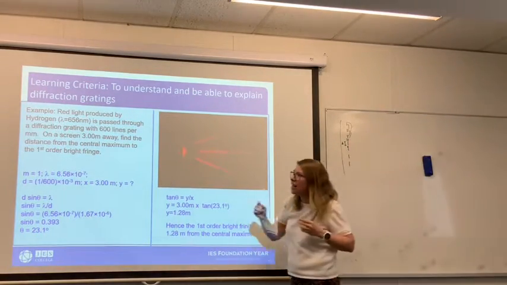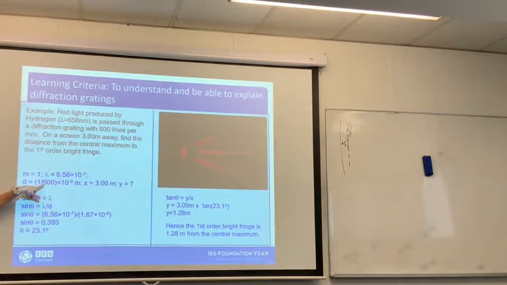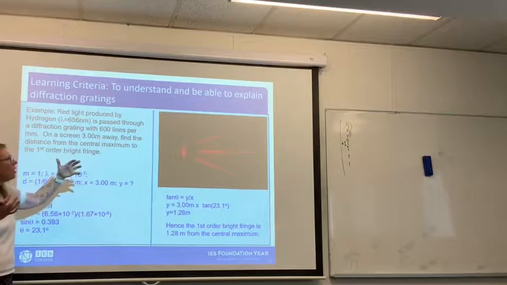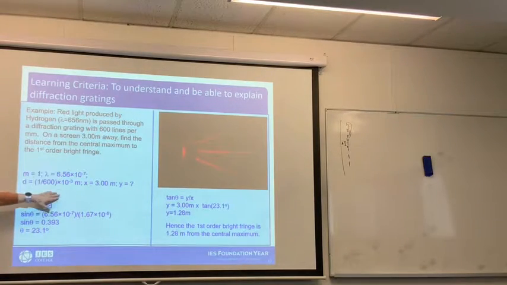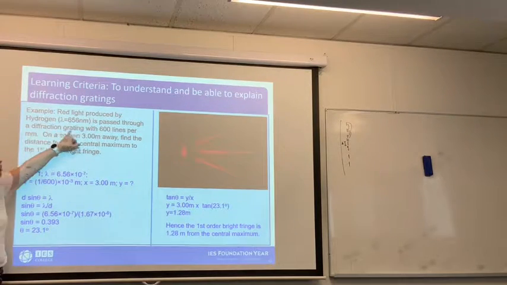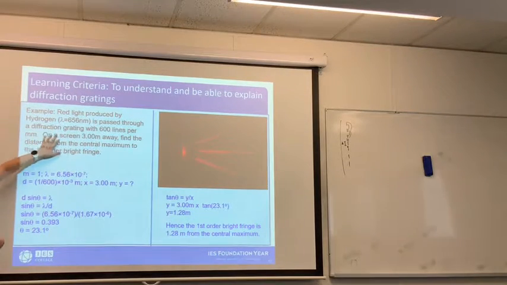It is one line out of 600, and then I always have to convert millimeters into meters. It can sometimes be centimeters. So diffraction gratings do not have to be given in just millimeters. It can be any units. Generally, it wouldn't be meters because it'd be so many lines, ridiculous. But I've seen lots of questions with like 10,000 per centimeter. Okay, different ones. Let's keep going.